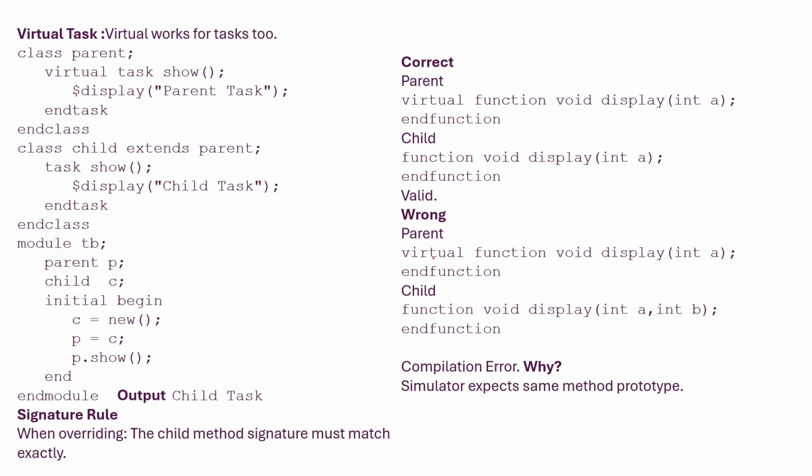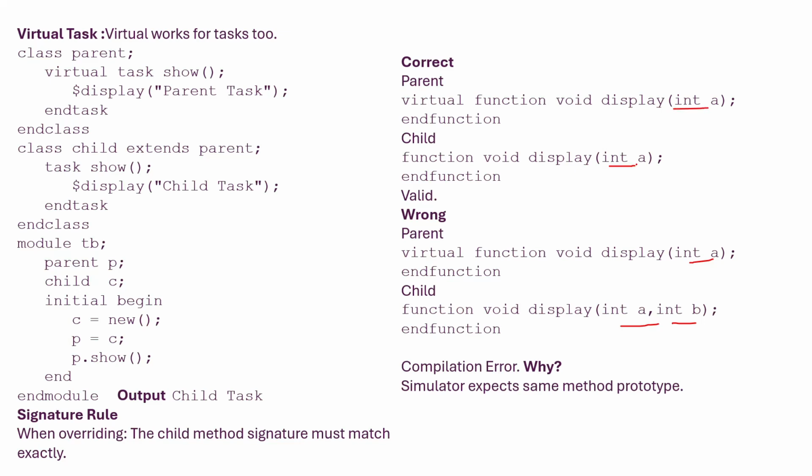In the arguments, you are assigning two arguments here. See, virtual function void, you are using int a, and then int a and int b. Two different properties you are assigning in your function. Here I am using virtual function void display int a, and here also int a.